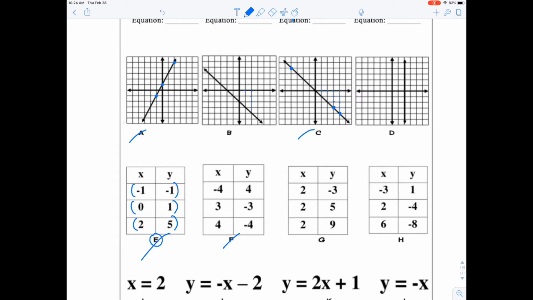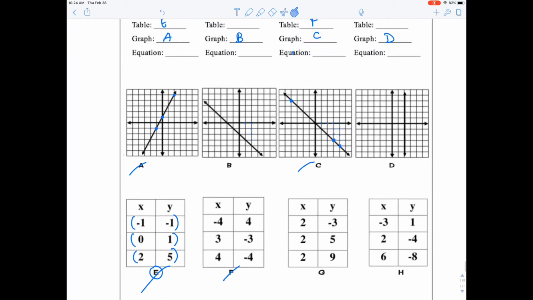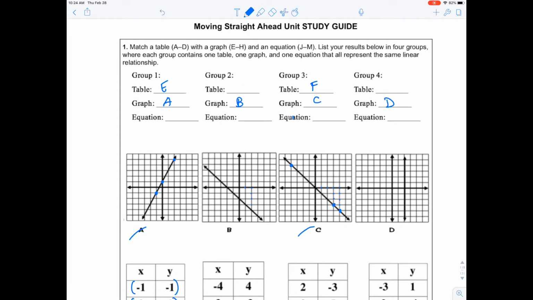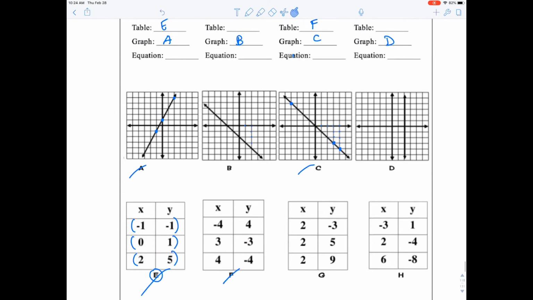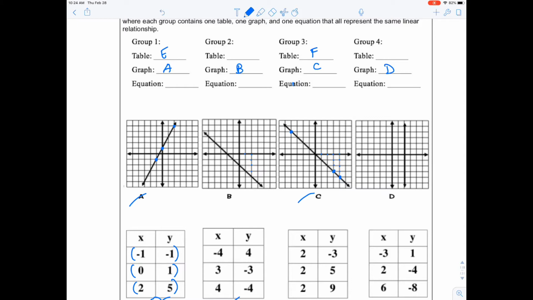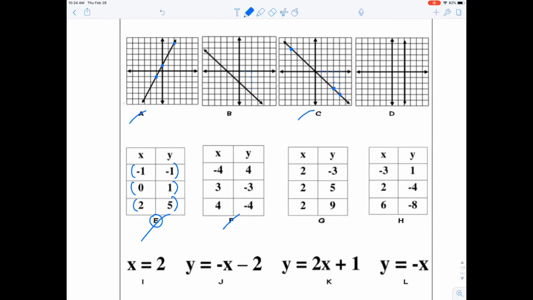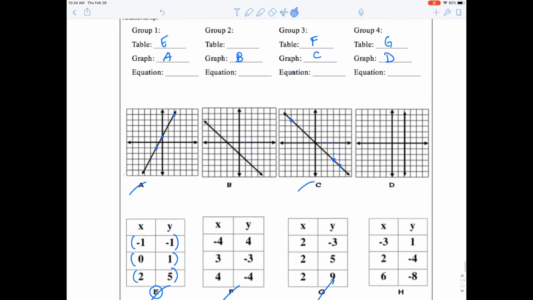Oh, nope. So by process of elimination, the only remaining graph we have is graph D. So table G is related to graph D. And then that leaves table H for graph B.